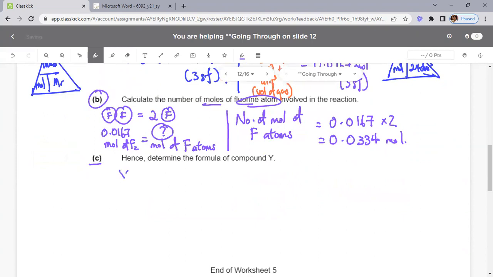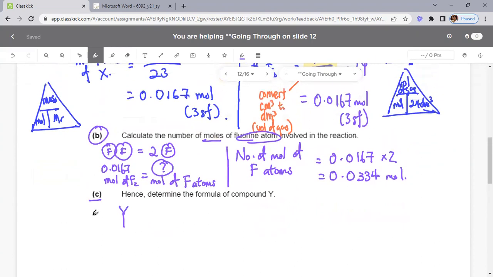And last one, part C, determine the formula for compound Y. So I know Y consists of 0.0167 mole of X, and also consists of 0.0334 mole of F. Actually in part B, instead of using F2, they ask you to convert to F atom. So it's very simple.